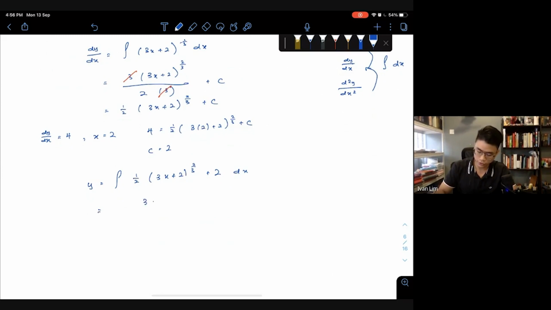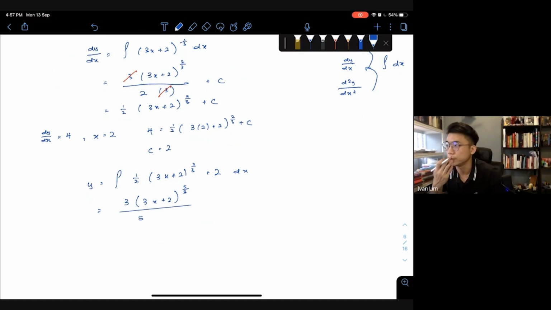So what I will do, 3x plus 2, add 1 to the power first. So you would get 5 over 3. You divide by 5 over 3, it will give you 3 over 5. Why do I have one more extra 1 over 2? Hold on, let me see a bit.